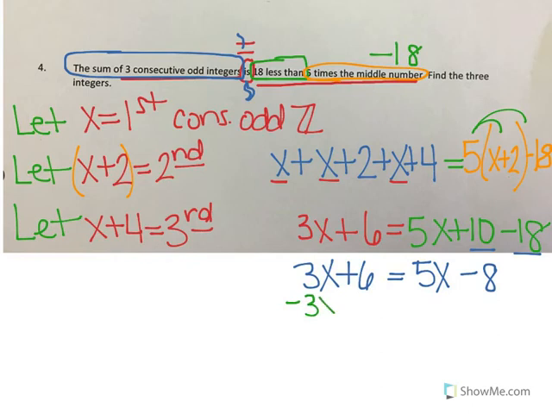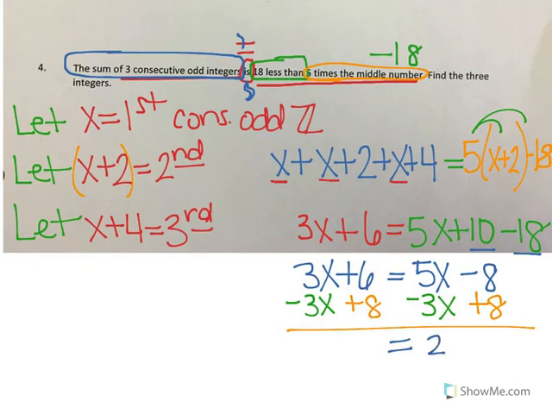I'm going to subtract 3x from both sides, and in the same step, I'm going to add 8 to both sides so that I can isolate my x's on one side, my numbers on another. So I have 2x equals 14. When I divide both sides by 2, I end up with 7 as my x value.